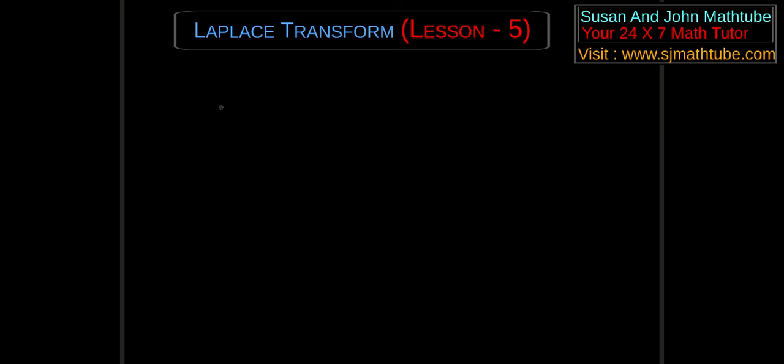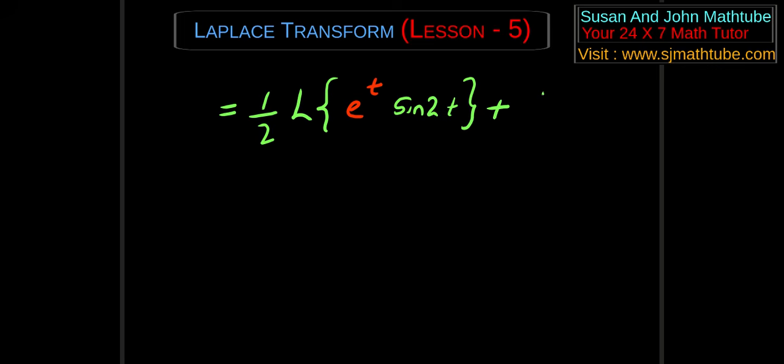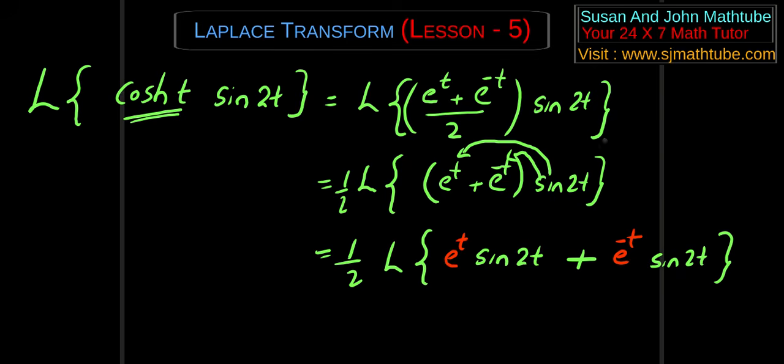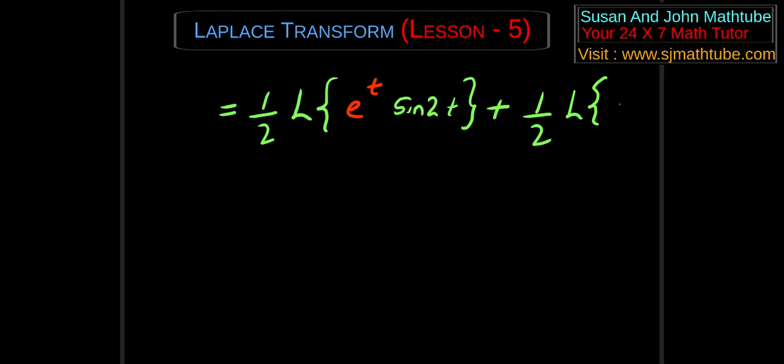So this is equal to 1 by 2 Laplace of, now I'm going to apply linearity property, e power t and sine 2t, plus 1 by 2 Laplace of, because this 1 by 2 will also split and Laplace will also split, e power minus t into sine 2t.